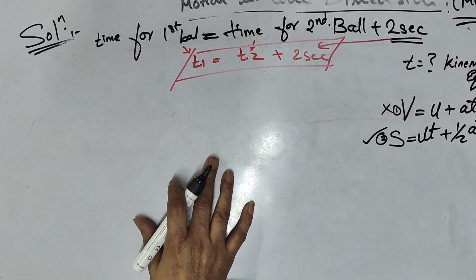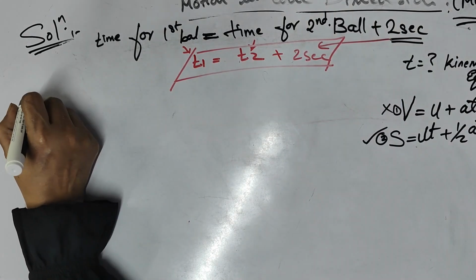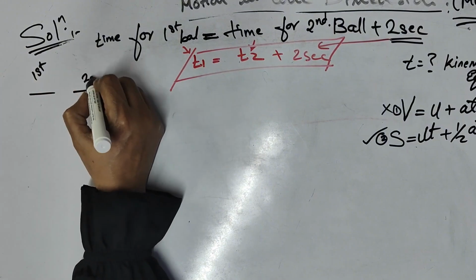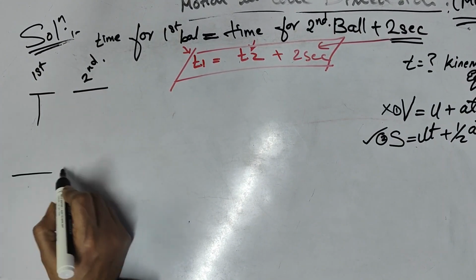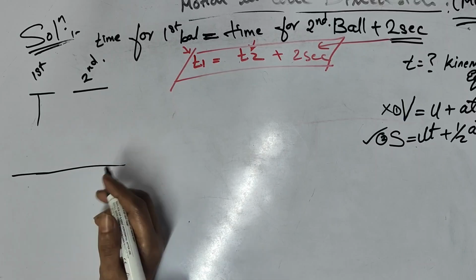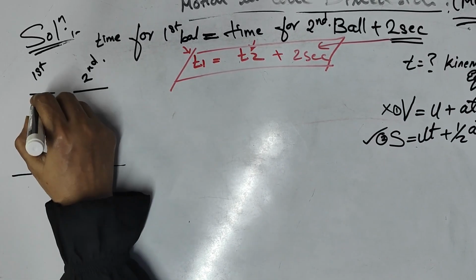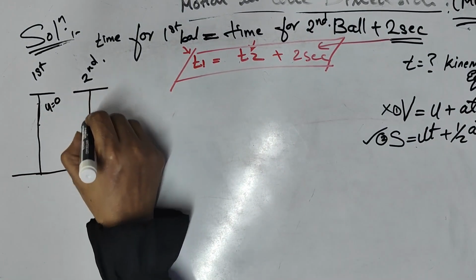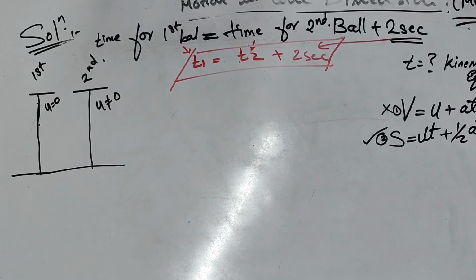See, for first ball, here we are standing, this is for the first ball and this is for the second ball. The ball is thrown from here, this is the river or the ground, whatever we call it. So here when it is thrown, its initial velocity was 0. When the second ball was thrown, its initial velocity was not equal to 0.